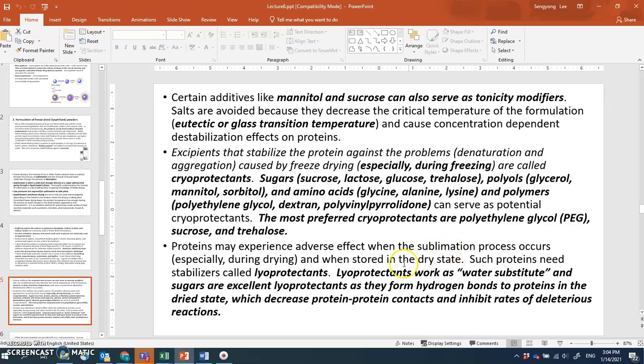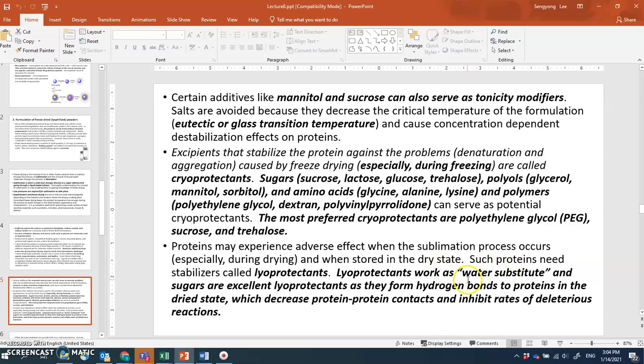So when stored in the dry state, such proteins need stabilizers to protect them from freeze-drying. You add lyoprotectants. They normally work as a water substitute when the water is removed.